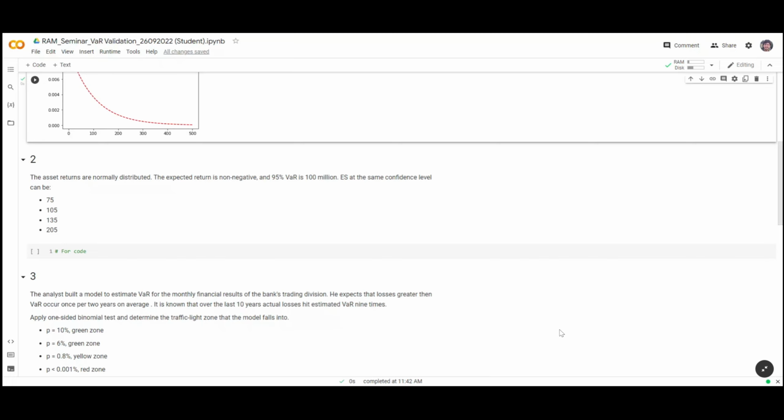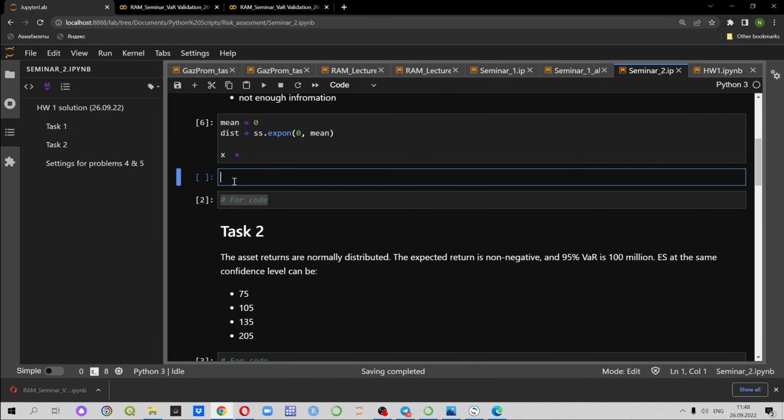We also know the value at risk at the 95% confidence level. The problem is to identify which of the following numbers are plausible for expected shortfall, having all other information from the problem.